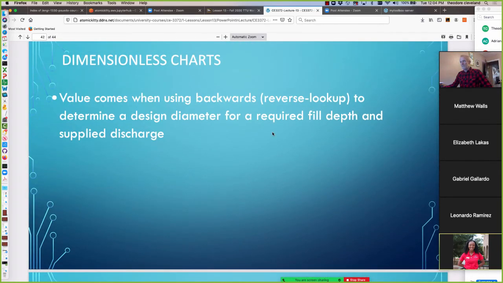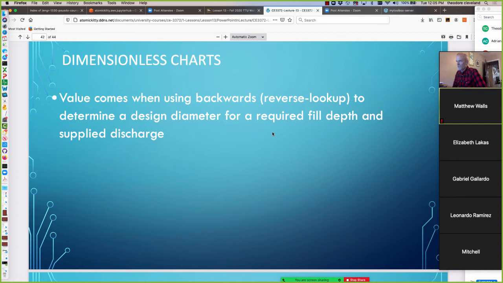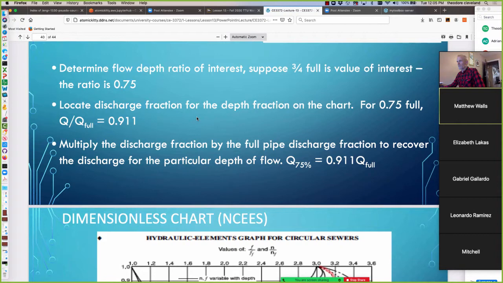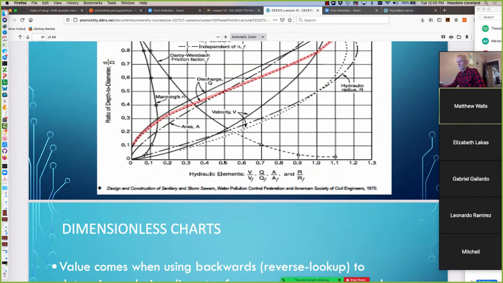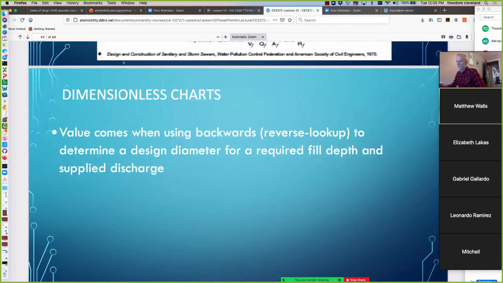That would be common because in both storm sewer and sanitary sewer design, oftentimes the guidance document says sewer shall be designed to carry flow at half full at the design discharge, in which case we need to know what the diameter has to be to carry a particular discharge at 1/2 full. And so we can work these tools backwards. We would go to the 50th percentile flow line. In this case, it's showing that we would be half full and we can solve for diameter.